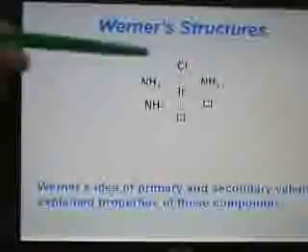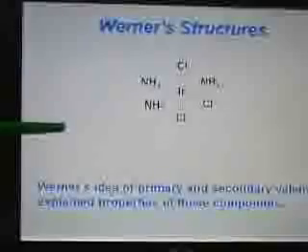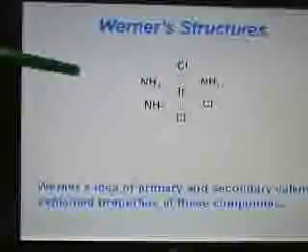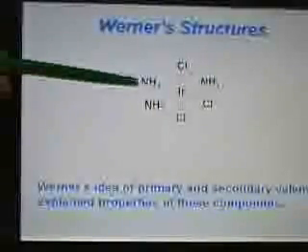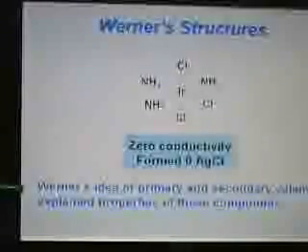That means all three chlorides should be directly bonded to the iridium and should not dissociate when placed in water. There should be zero conductivity from this compound, and that is what is observed. Werner's ideas of primary and secondary valence explain the properties of these compounds.